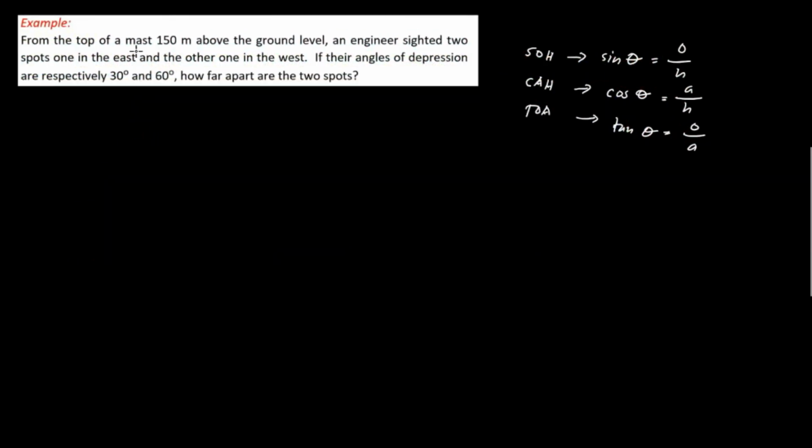Example: from the top of a mast 150 meters above the ground level, an engineer sighted two spots, one in the east and the other one in the west. If their angles of depression are respectively 30 degrees and 60 degrees, how far apart are the two spots?